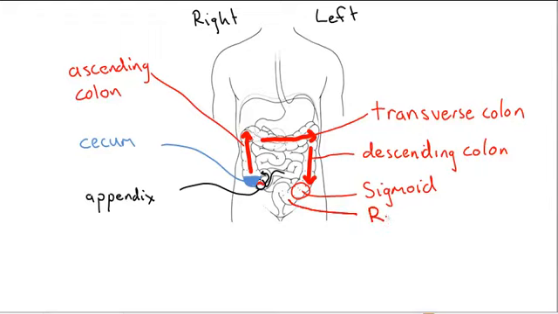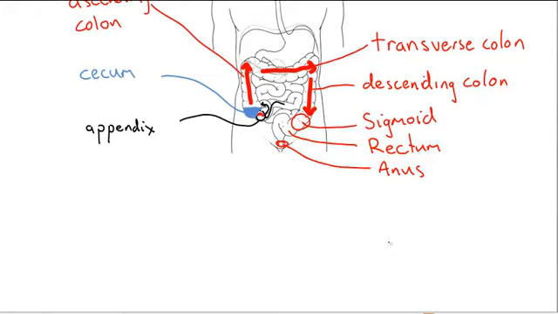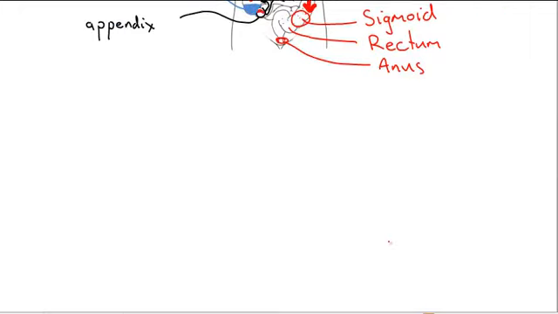And then at the bottom of the sigmoid colon, you have the rectum. At the very, very end, you have the anus. So that's the overall part.